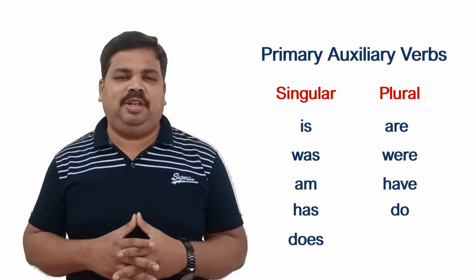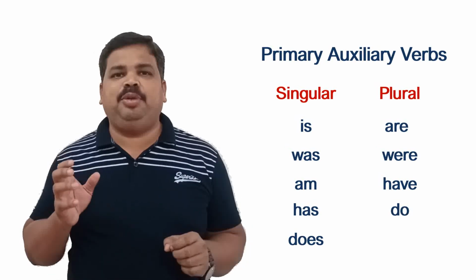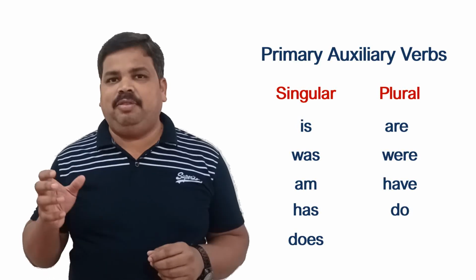These are plural auxiliary verbs. So we just need to remember that singular auxiliary verbs should be used with singular subjects, because of subject-verb agreement. For example, if I am saying Rahul, who is singular, one person, we should use either is or was or has or does in this case.